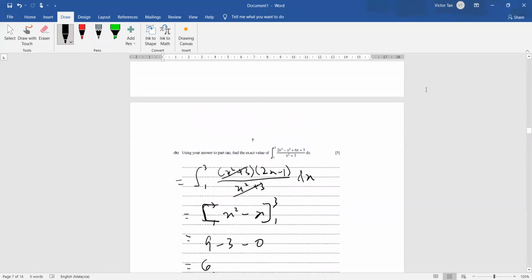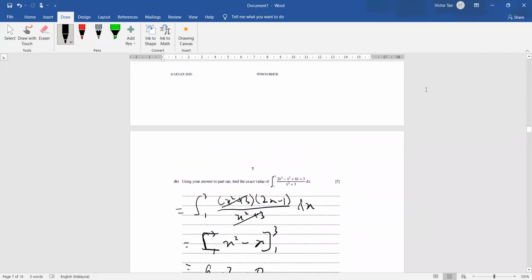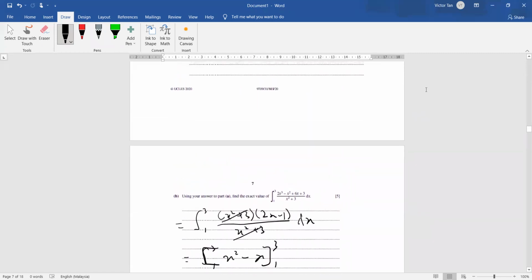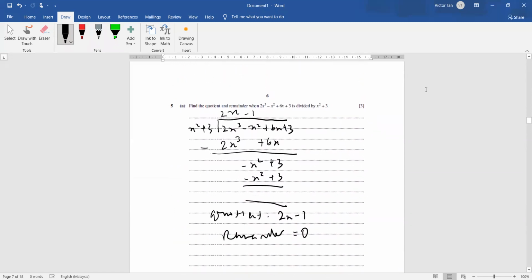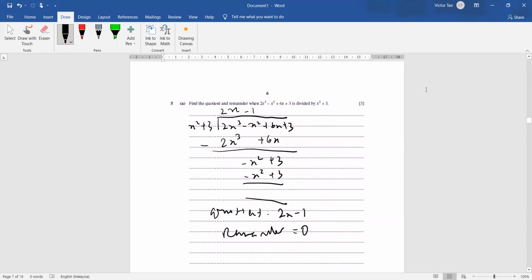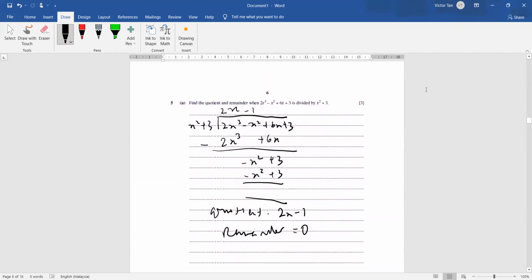How come it's a 5-mark question? It's so easy. Let me have a look. 6x plus 3. Sorry, I made a mistake.